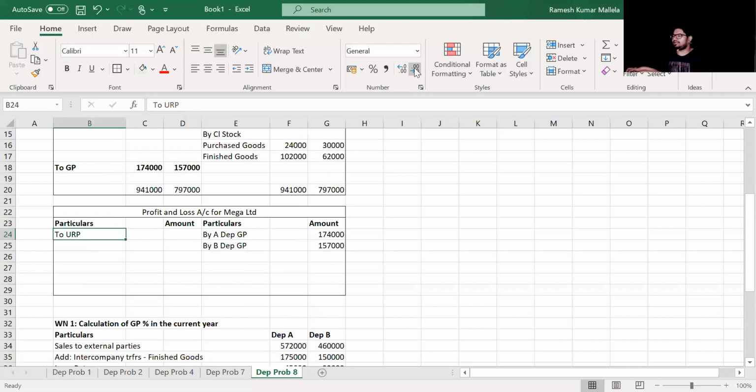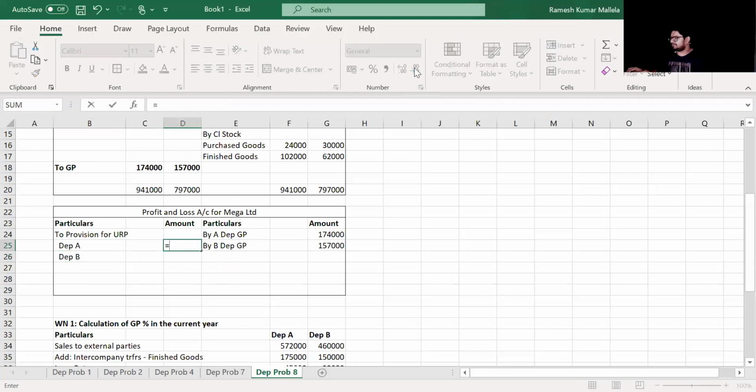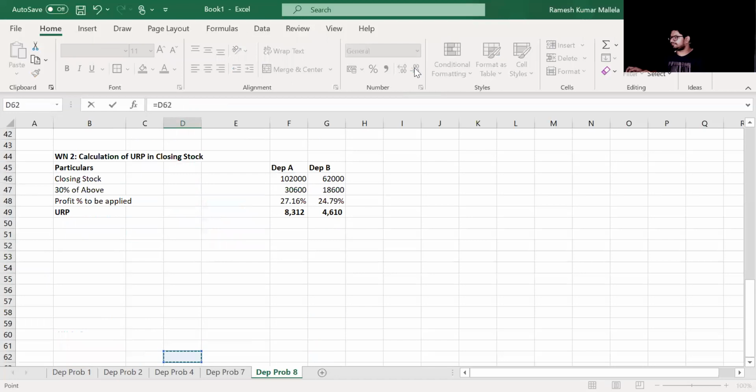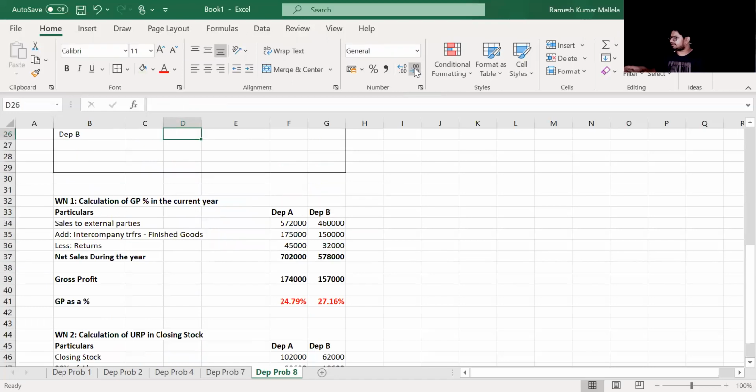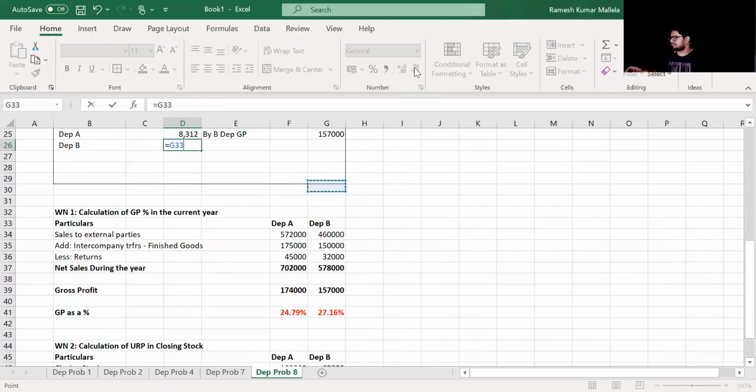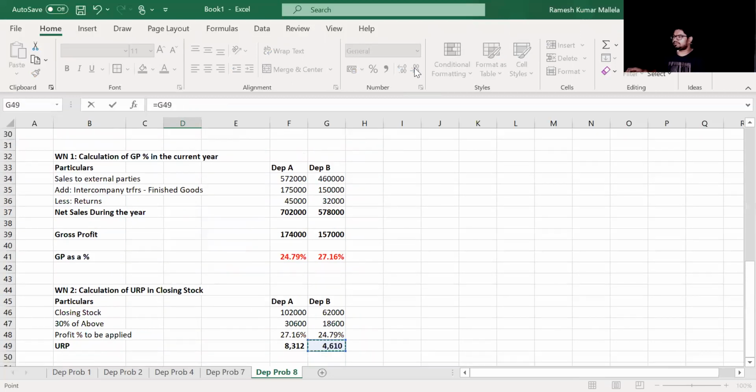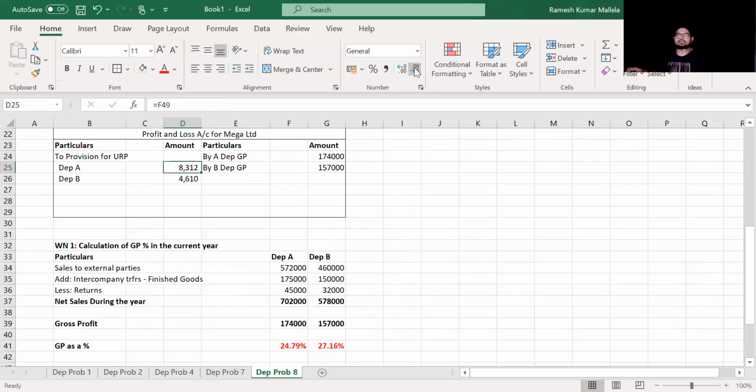So now you don't have that part. You can directly go ahead and provide for URP. Provision for URP: department A, department B. Okay. So it's going to be 8,311 and 4,610. On deducting these two, finally what you get is your net profit. That's all.